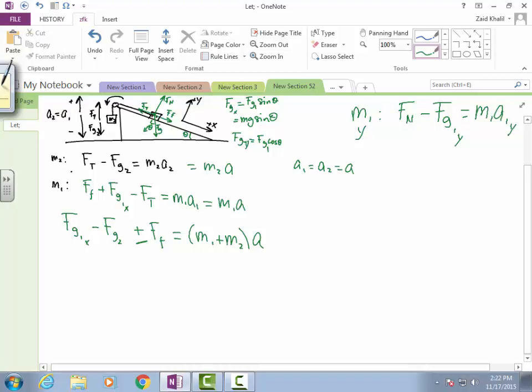But the question is, what is that acceleration of M1 in the y direction? It's 0. Why? Because you never see this thing go off the plane like this. If you do, you run. That's right. It's time to run. So A1y is 0, which tells you that the net force is 0.